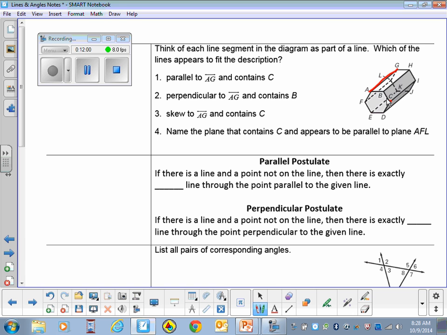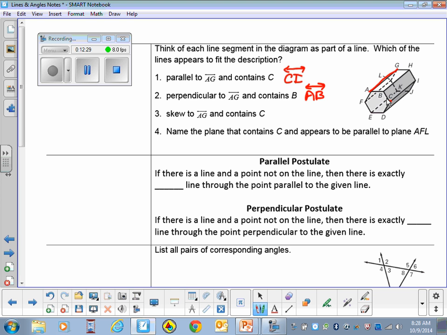So line CI. Don't forget your line symbol. Okay. Perpendicular to AG containing point B. Sarisha? AB. Don't forget your line symbol.